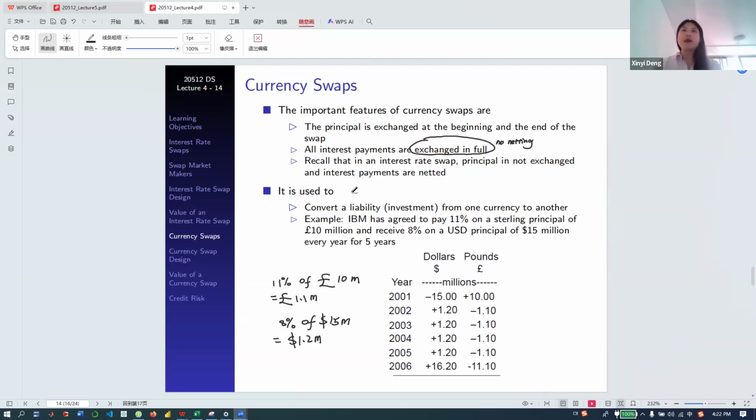And currency swap, as we discussed earlier, is just used to convert a liability or investment denominated in one currency to another currency. So here we have an example. IBM has agreed to pay 11% on a sterling principal of 10 million pounds and receive 8% interest rate on a USD principal of $50 million every year for 5 years.